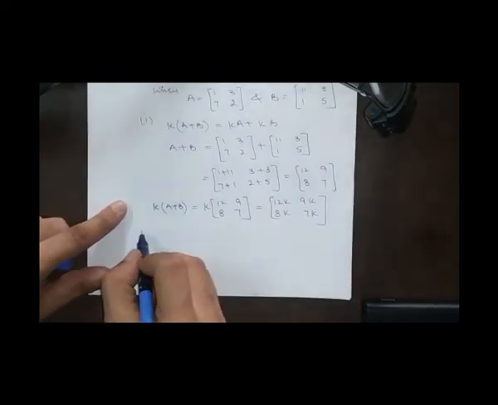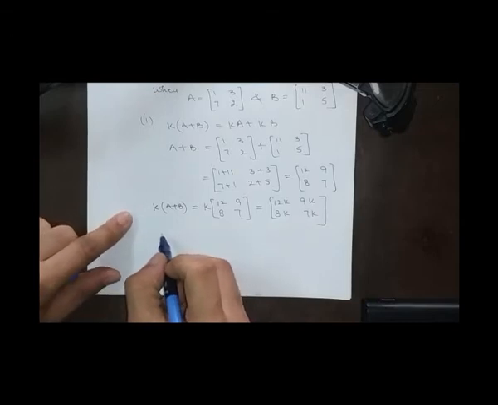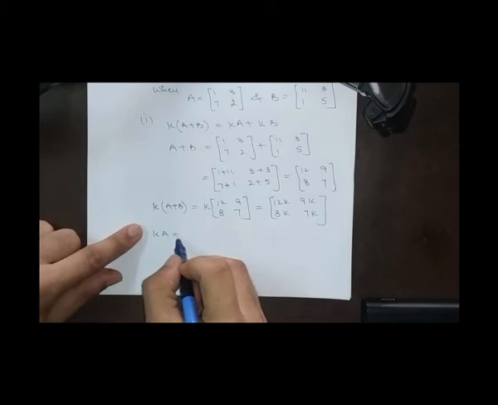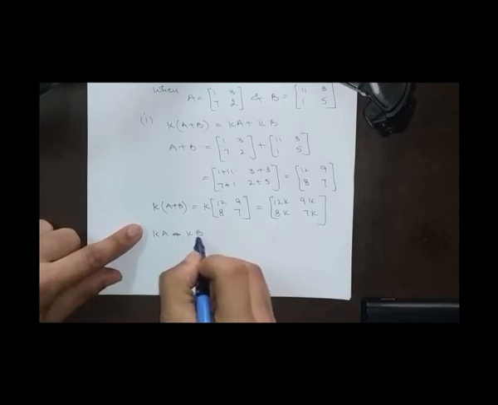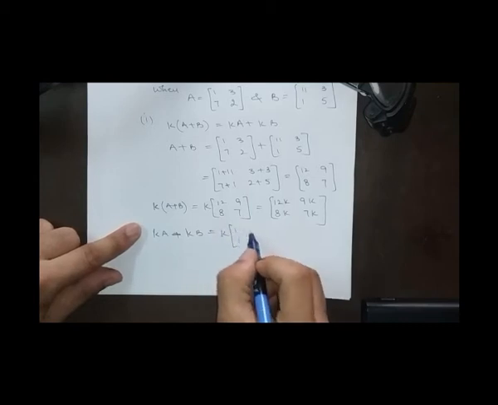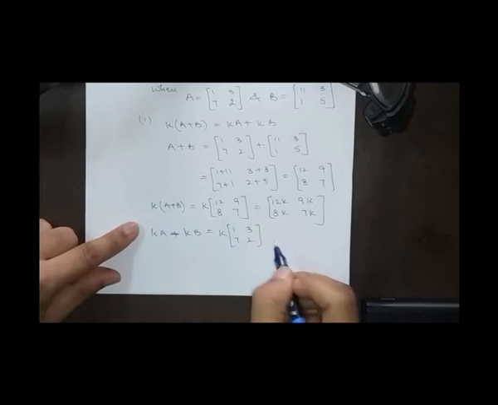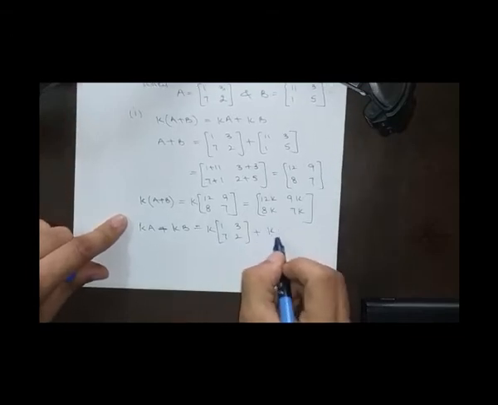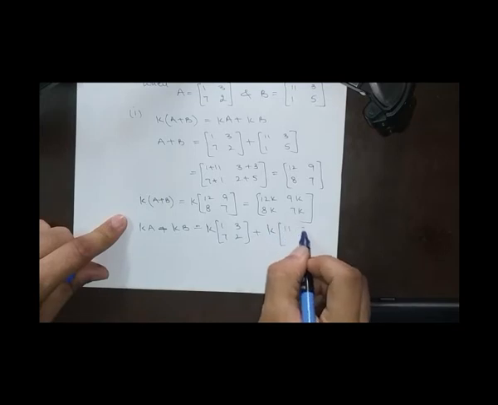Then the right hand side, kA plus kB. We'll find it. k and A is 1 3, 7 2, plus k and B, 11 3, 1 5.